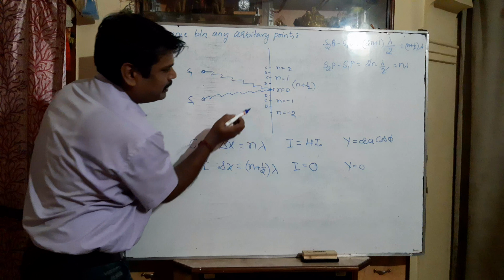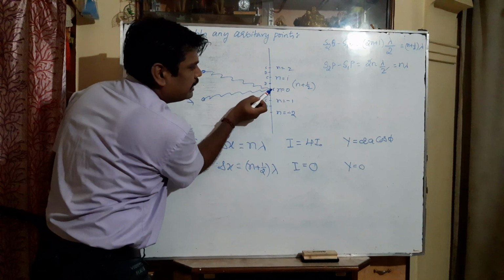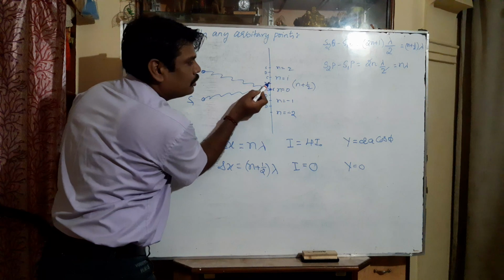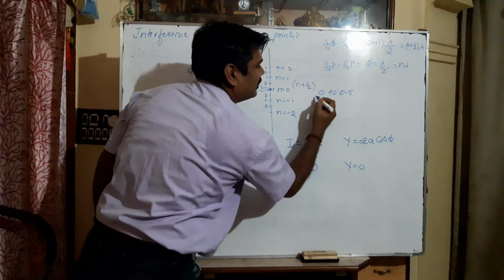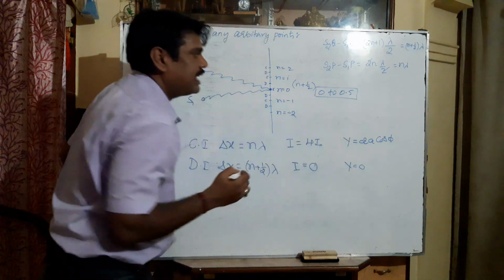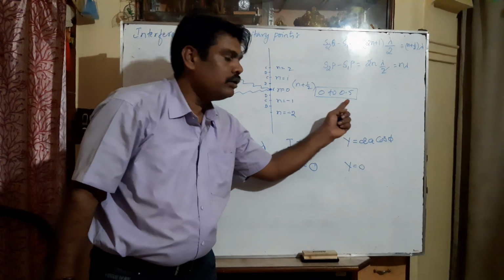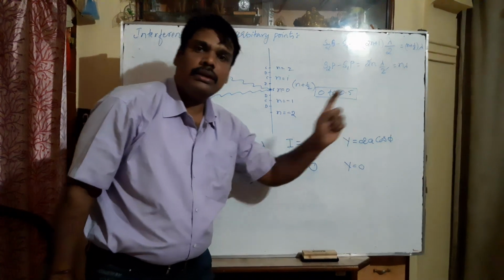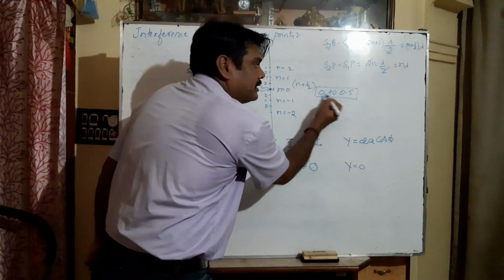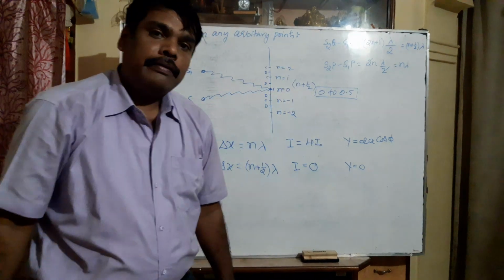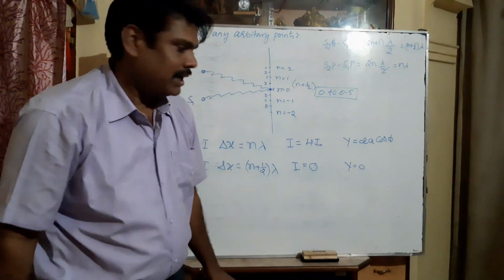Arbitrary points means it may be between 0 to minus half or between 0 to plus half, that is, between 0 and 0.5. If the value is exactly on 0, you know it is 100% constructive interference. If the value is exactly on 0.5, we will get 100% destructive interference. Suppose the value lies between 0 and 0.5, what type of interference will it be, and how the interference pattern takes place, that I want to discuss in this class.